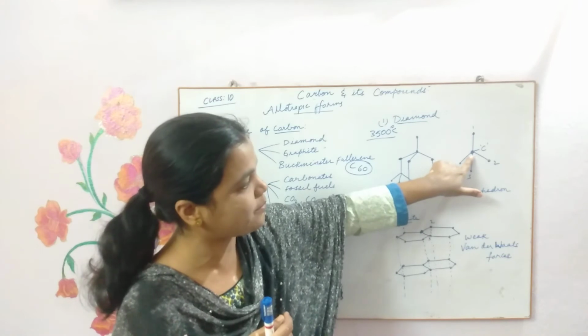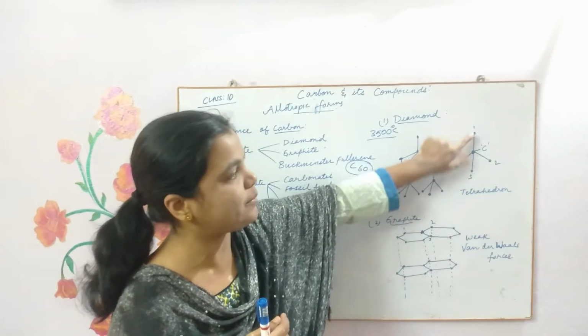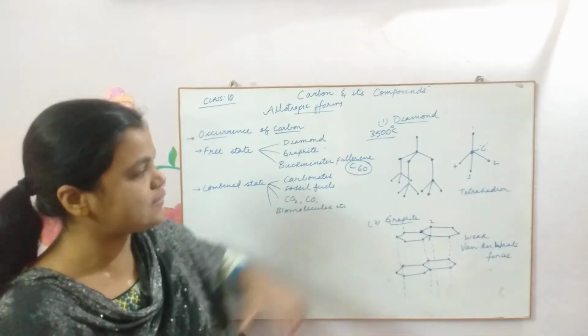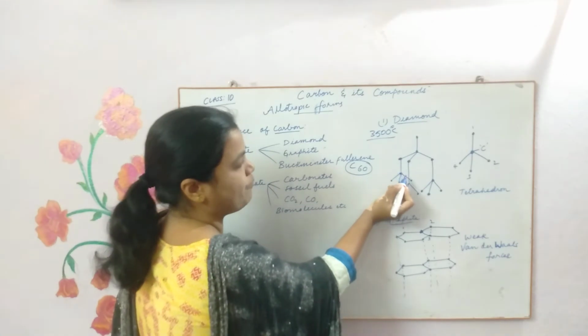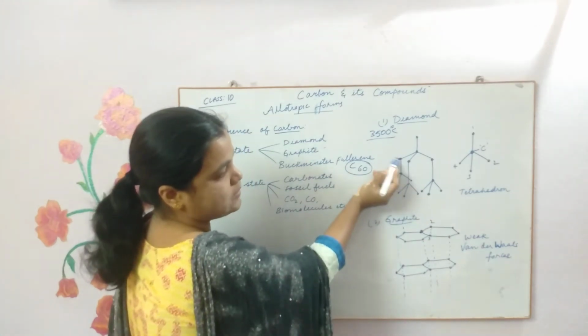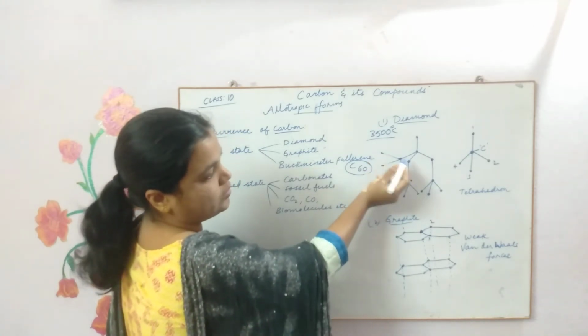You can see this carbon atom is bonded to how many carbon atoms? These round balls also are carbon atoms only. 1, 2, 3 and 4. In that way, if you consider this carbon atom, 1, 2, 3, 4. This also binds to 4 different carbon atoms. 1, 2, 3, 4.